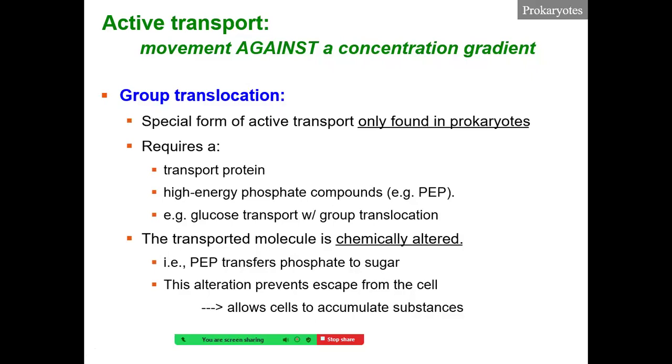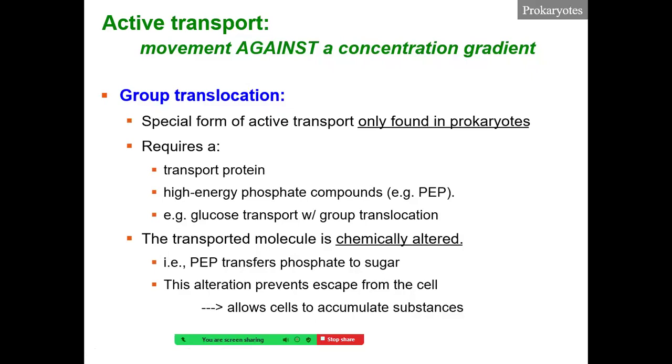An example would be glucose being transported across the cell membrane by group translocation, which is only going to happen in a prokaryote cell, because eukaryotes do not have group translocation.